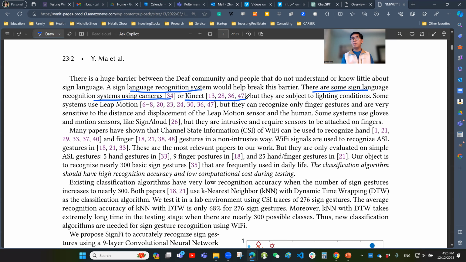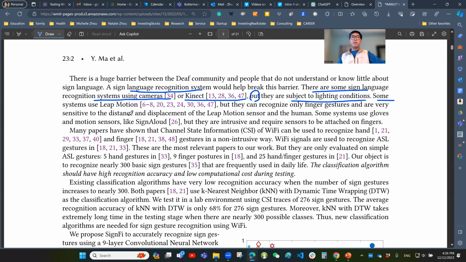I have 4 papers. You see, I'm not describing them one by one, but trying to group them so that I can describe all of them in very limited space. I also point out the difference: they are subject to lighting conditions. So we don't have that problem because we're using Wi-Fi as a sensor to do that.